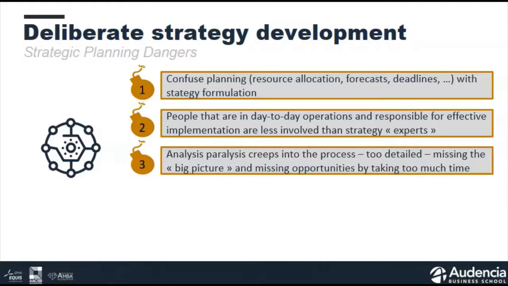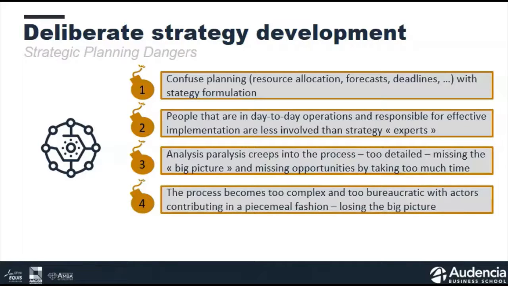Trying to get to every little detail, trying to overanalyze things, looking at things from so many different perspectives and in so much detail, we lose sight of the big picture. And one of the side effects of this excessive analysis is that we aren't moving. We're not acting in our strategic environment, and we're missing opportunities. Doing a pre-definition or a pre-strategy and then assessing it and then doing another analysis just delays action.